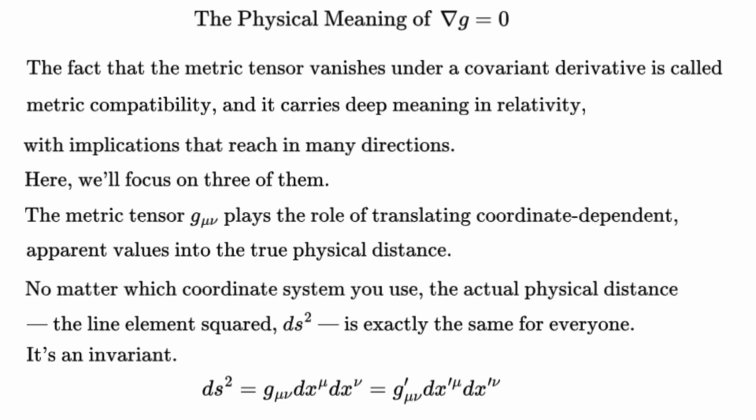The metric tensor g mu nu plays the role of translating coordinate-dependent apparent values into the true physical distance. No matter which coordinate system you use, the actual physical distance, the line element squared, ds squared, is exactly the same for everyone. It's an invariant.